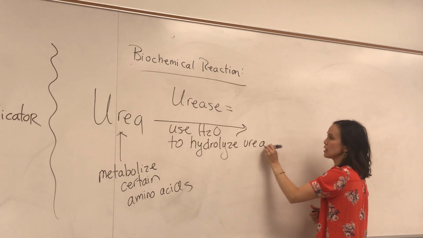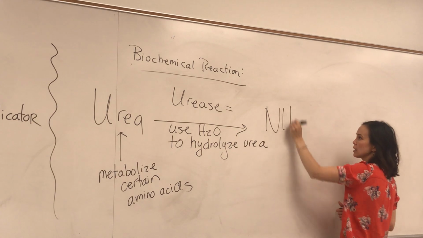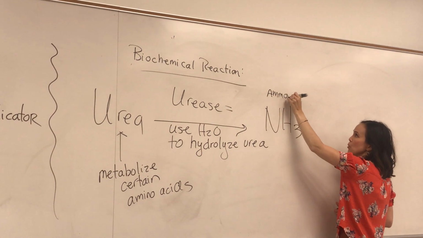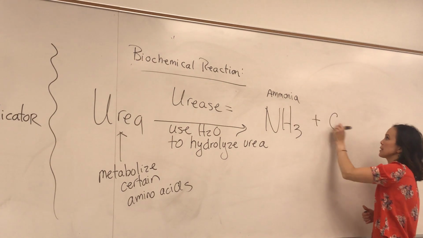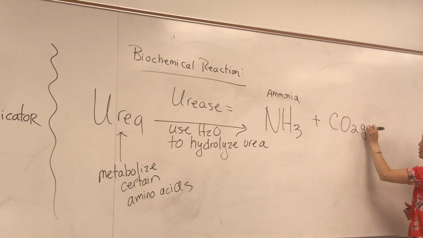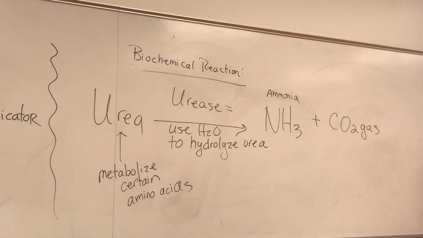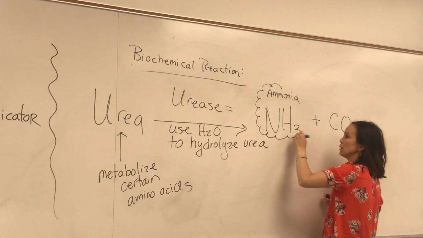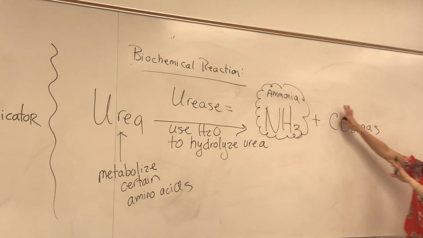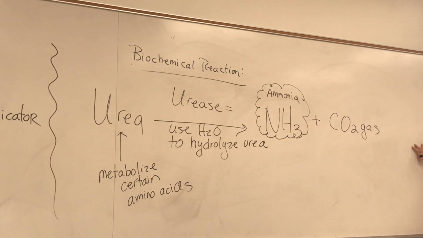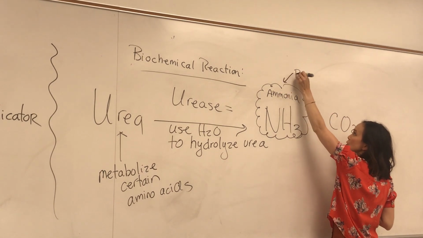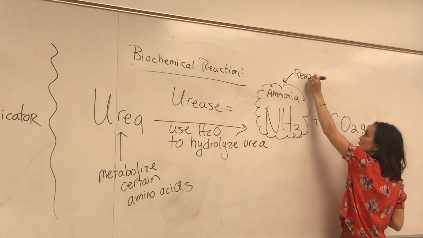And then we said you end up with ammonia as one end product, and the other one is carbon dioxide gas. All right, so for this lab, all we're going to do is read out the ammonia. We don't have a Durham tube in there or anything like that. So that's what we're going to read out, just look for the ammonia.